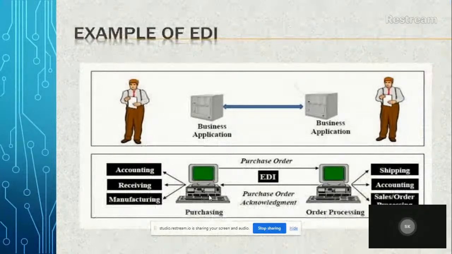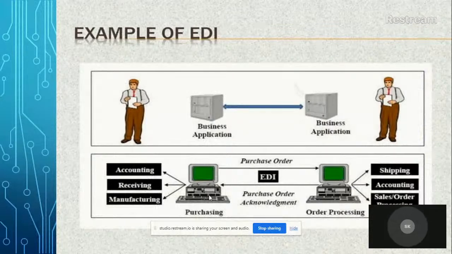This is one example of electronic data interchange. As I told, there are two different organizations or two different computers. The data is transferred from one computer to another computer, or from one business application to another business application. The first computer is purchasing: the customer places the purchase order, and it is sent to the other computer in the other organization.